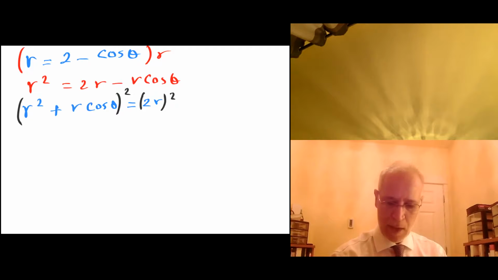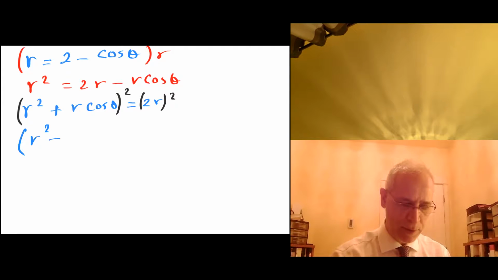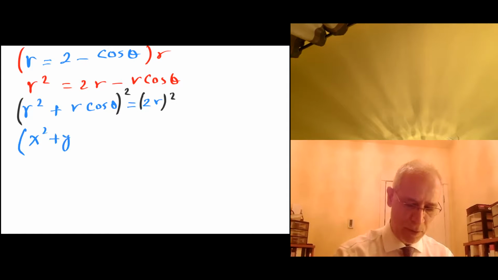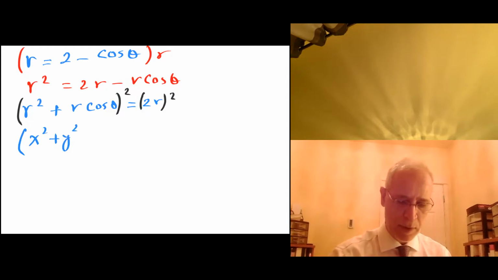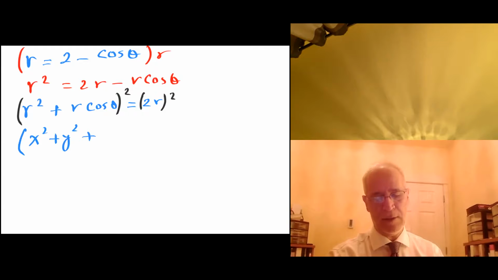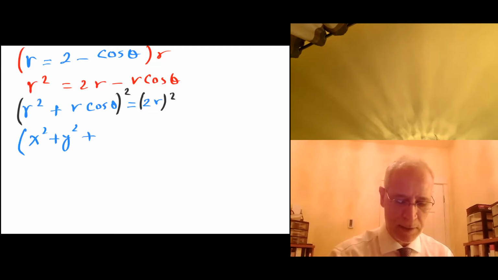Then I'm going to get r squared, which I exchange with x squared plus y squared, plus r cosine of theta, which of course is just x, and all this quantity squared equals 4r squared.